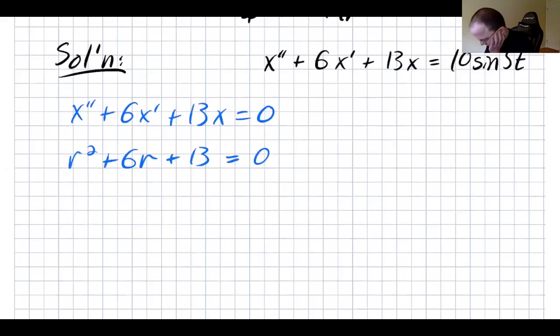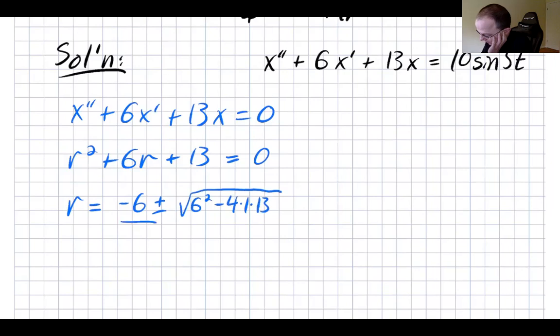I guess the easiest way is to use the quadratic formula. So -6 plus or minus the square root of 6 squared minus 4 times 1 times 13, divided by 2 times 1.